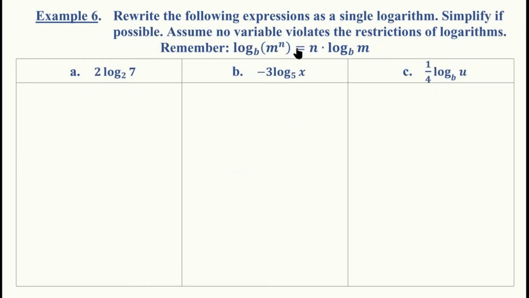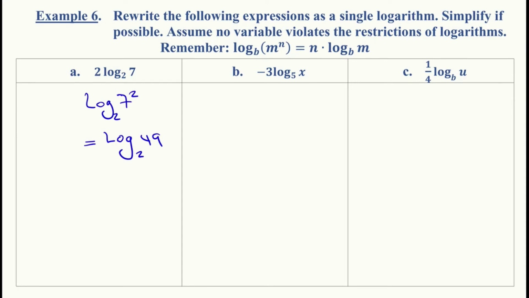All right, as is common to what we have been doing, now we're going to go from right to left. So we're given some products, we're going to write those as powers, log of powers. So this becomes log base 2 of 7 squared, so we just basically get log base 2 of 49, and that's all we can do there.